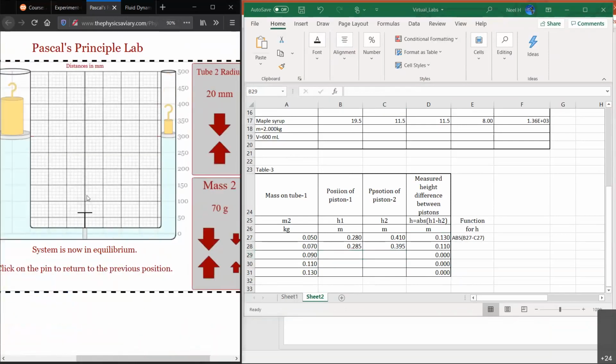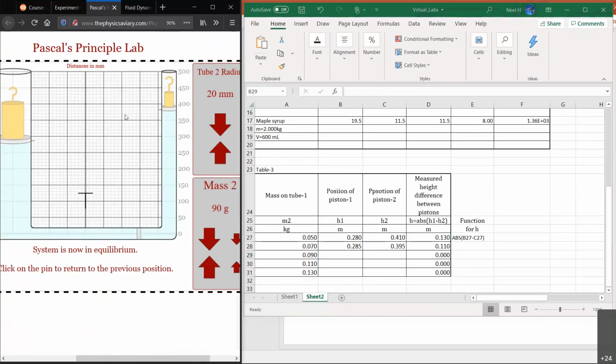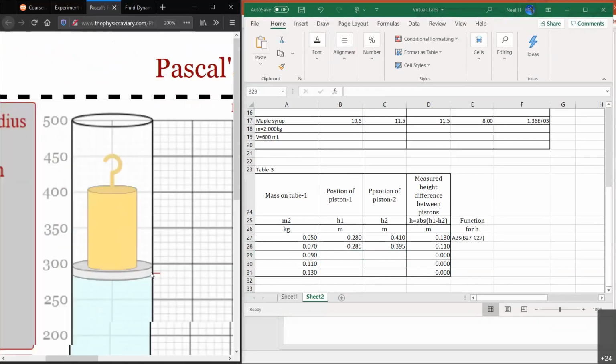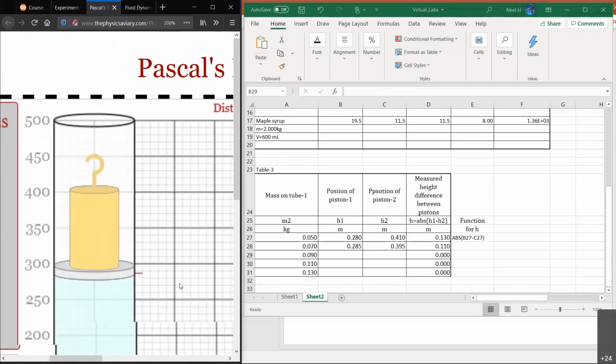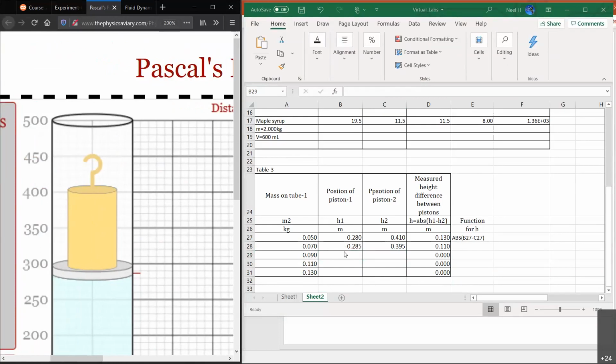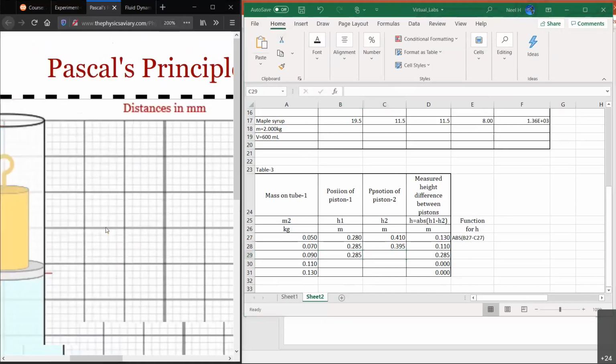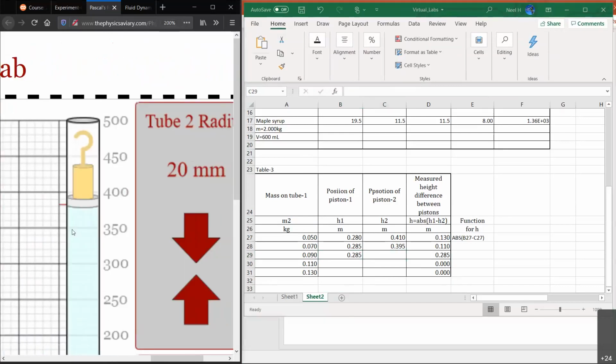And then reset. Click the up arrow button once for M2 and then let it move. Wait until it reaches equilibrium. Read the values H1, 250, 60, 70, 80, still close to 285, right? There's not much difference. That's where we're going to see some error in the next calculation. 285 millimeters on this side, and the other side is very close to 380.